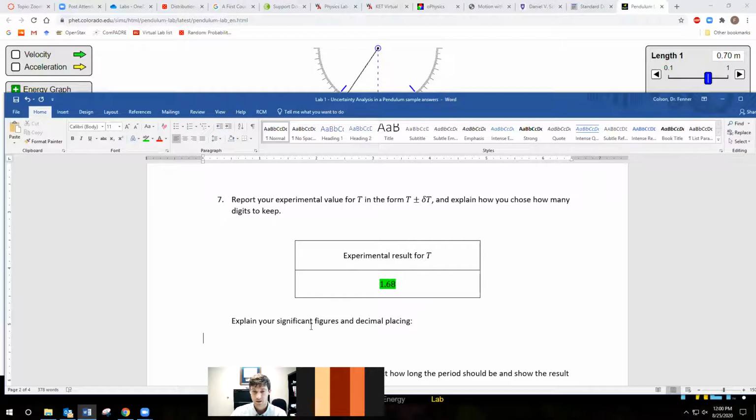And so that's how we would truncate the mean. So the average period can't have more precision than the stopwatch itself, which is precise to the 100th place.